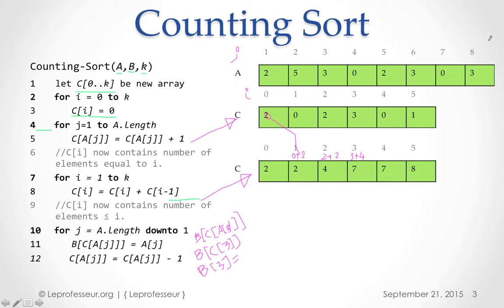So A of j is A of j is 8, okay. A of 8 is 3, okay.